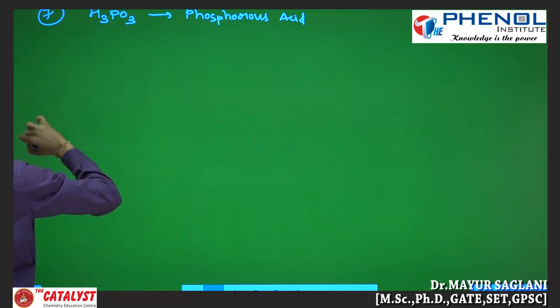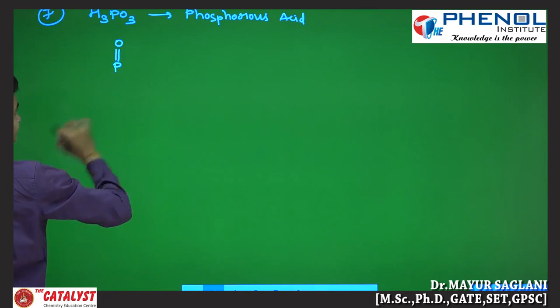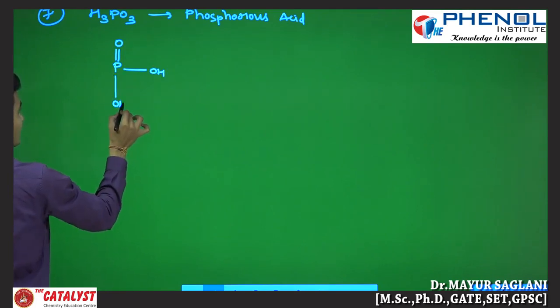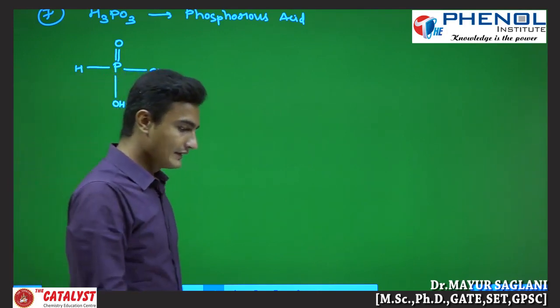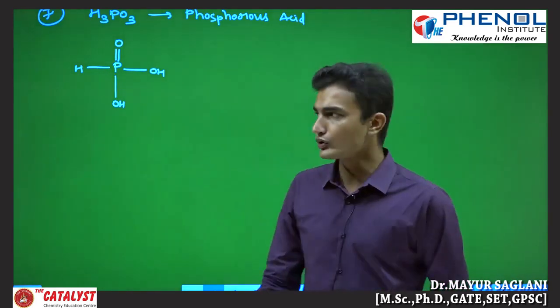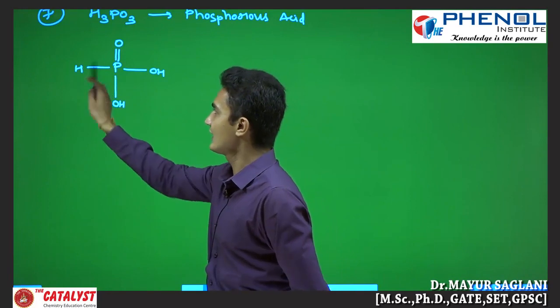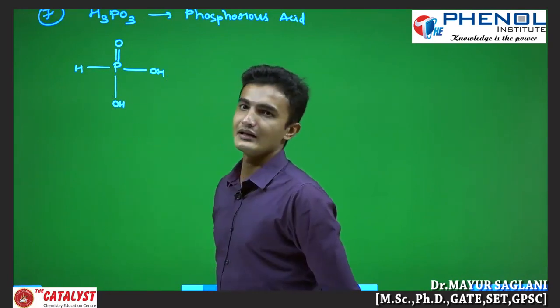Now you can compare: phosphorus double bond O, there is one OH, there is a second OH, and there is one hydrogen atom directly bonded to the phosphorus. As we have discussed, if any hydrogen is directly attached to the central atom, that is basic in nature, and here these 2 hydrogens are acidic in nature.